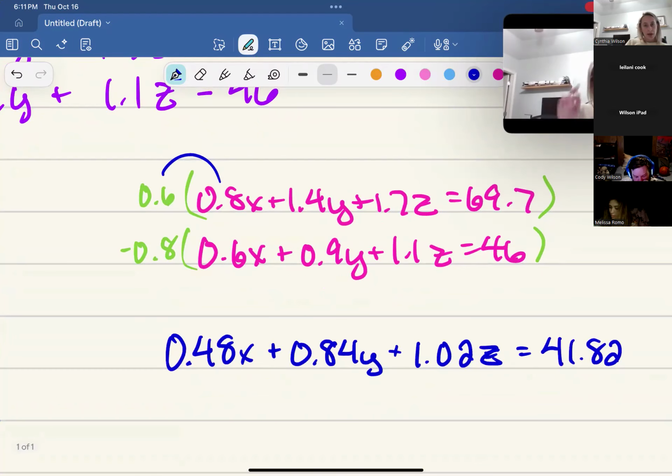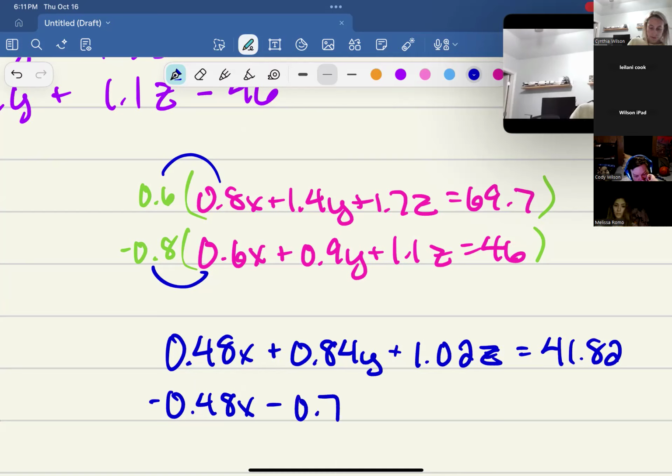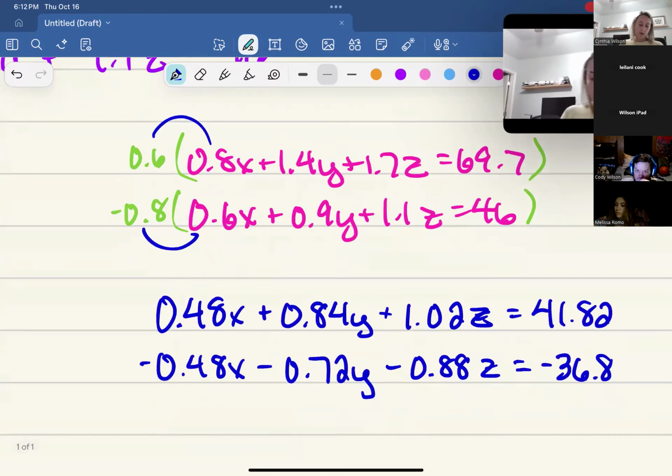All right, and now I'm going to do the x's again with the negative 0.8. Negative 0.72 for the y. Negative 0.88z. And negative 36.8 for the constant.